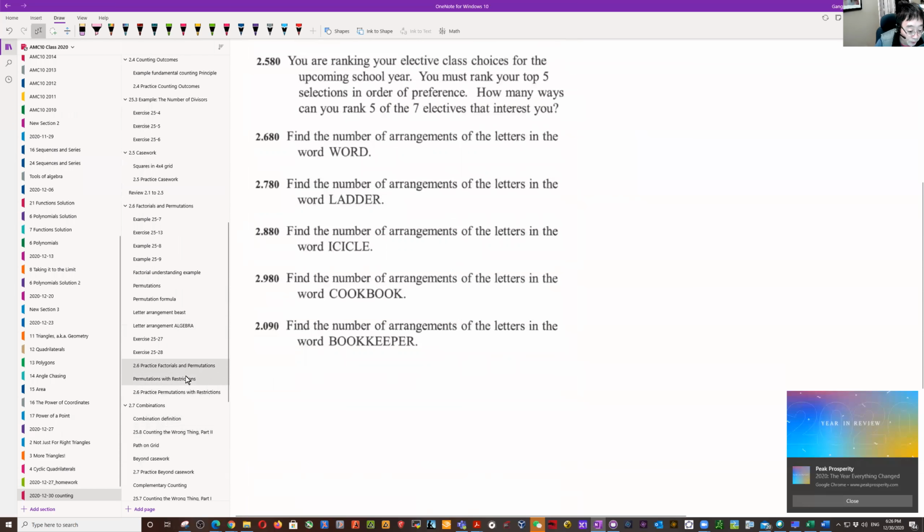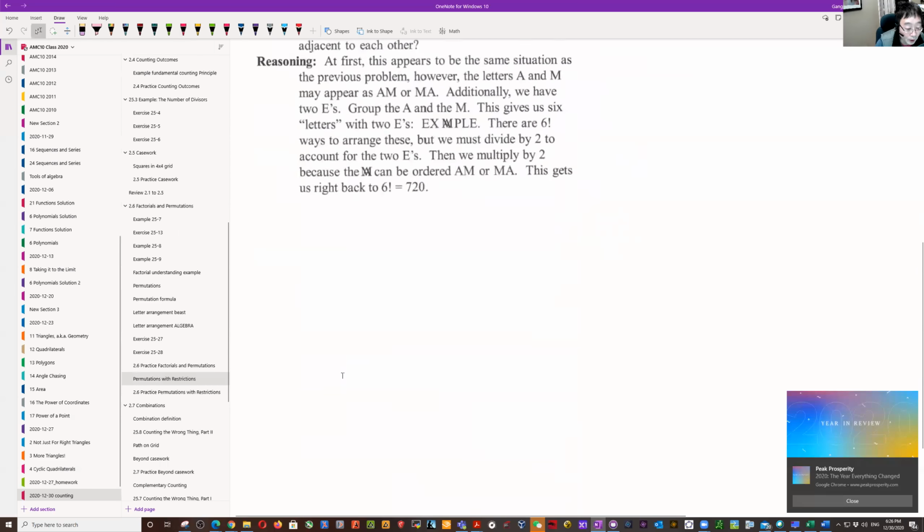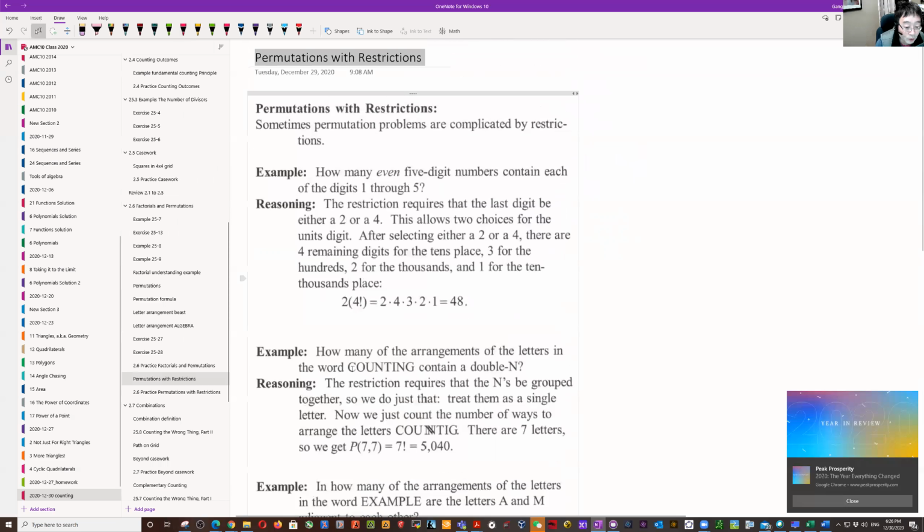There are a lot of letter arrangements, and also letter arrangements with restriction. Permutation with restriction is something like, for example, how many even 5-digit numbers contain each of the digits 1 through 5.